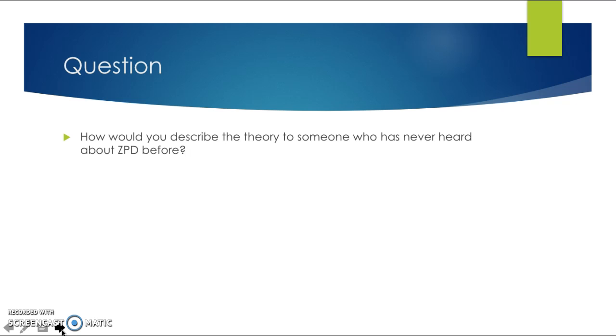I think a simple way of putting it would just be that students are more likely to reach their full potential when working with someone who is advanced or an expert.